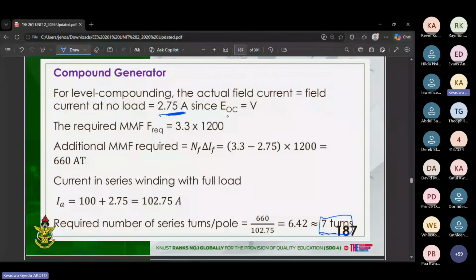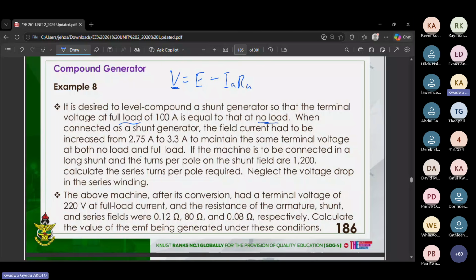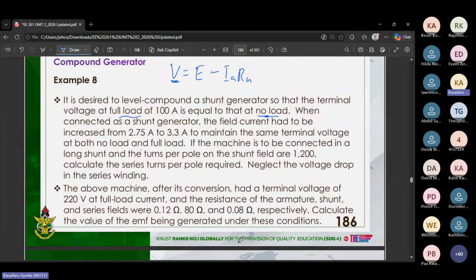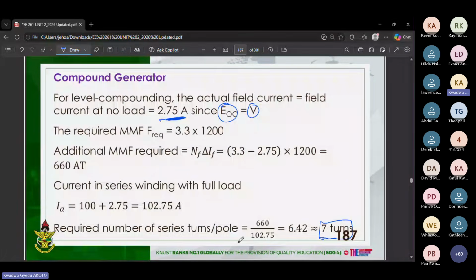Okay, so if the question said, in order to get this condition, our field current was increased to 3.3, then what does that mean? That means that we have a certain number of turns, 1,200, right? And then a series current being added to our field current to produce an MMF in a new series field, right?